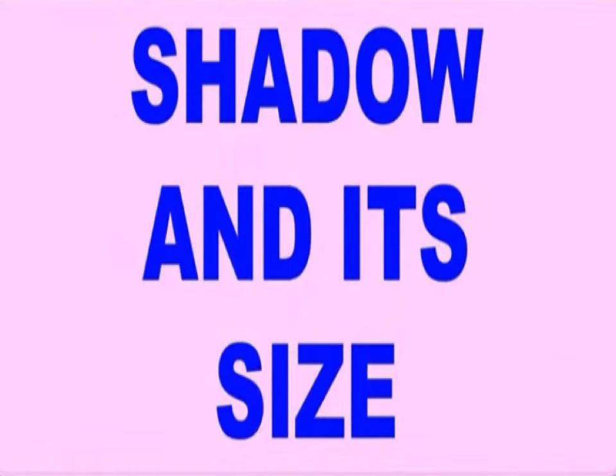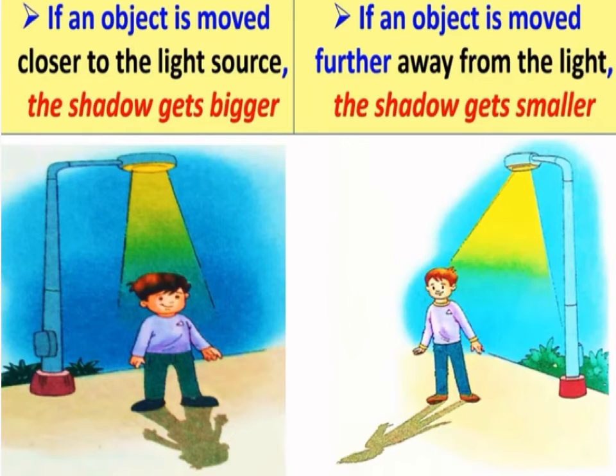Now let's discuss about shadow and its different sizes. If an object is moved closer to the light source, the shadow gets bigger, as you can see in the picture. If an object is moved further away from the light, the shadow gets smaller.